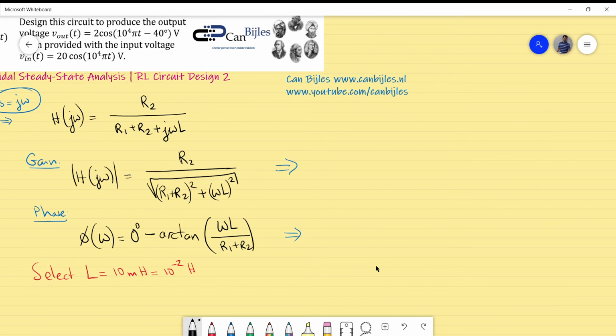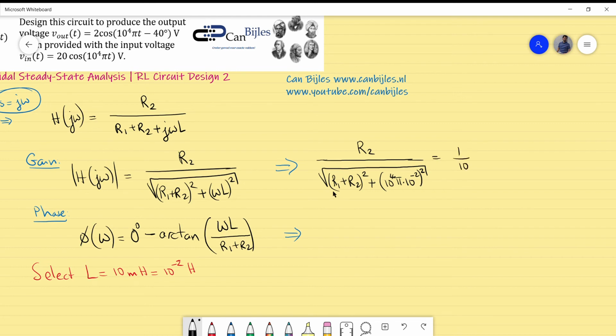I will have R2 divided by the square root of (R1 plus R2) quantity squared plus now j omega, where omega is 10,000 pi times 10 to the power minus 2, squared, and this will be 1 over 10.